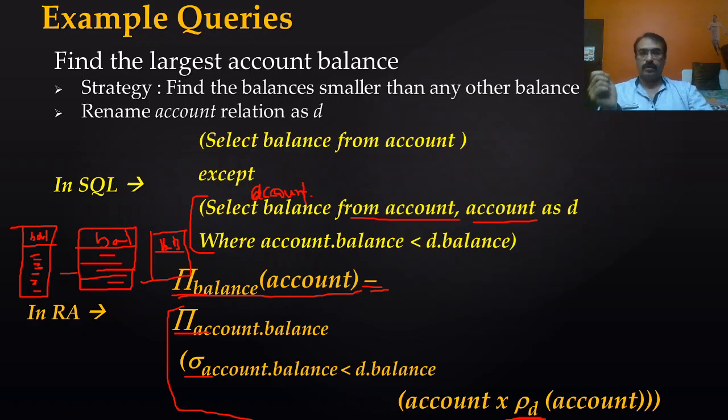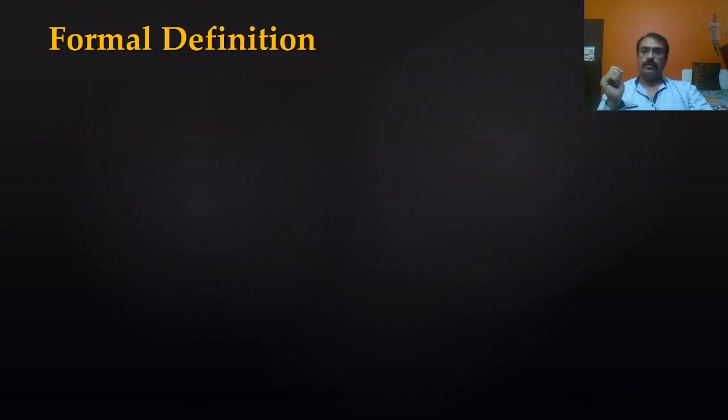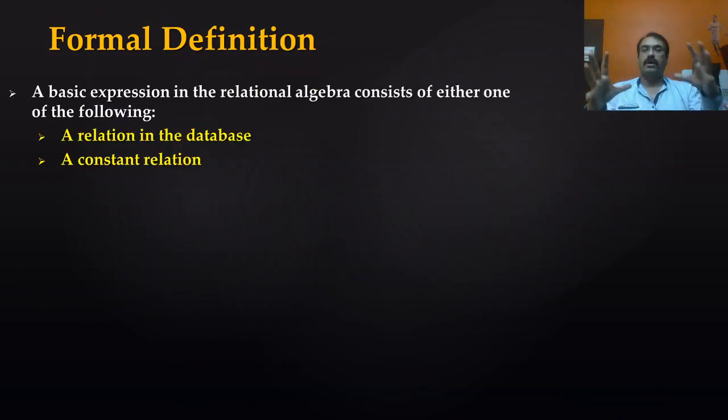Based on this, I am going to pose a query which you are going to answer. So what will be the formal definition of a relational algebra expression? The basic expression in relational algebra consists of either a relation in the database or a constant relation. A constant relation means one which we have produced as an intermediate result.